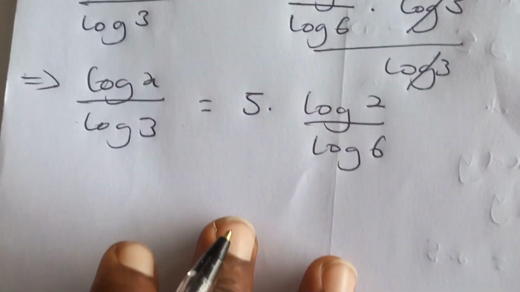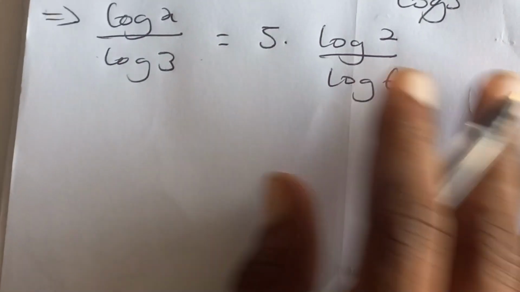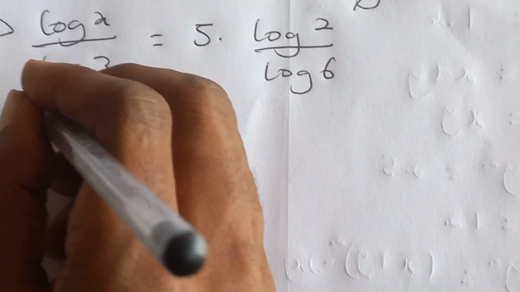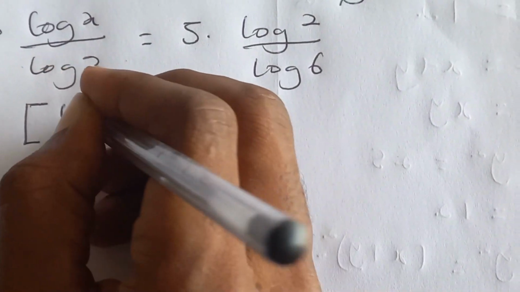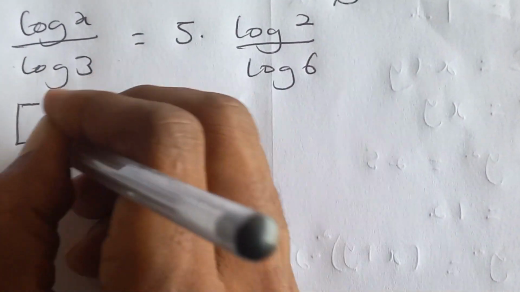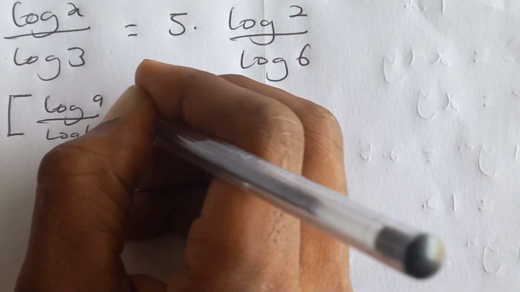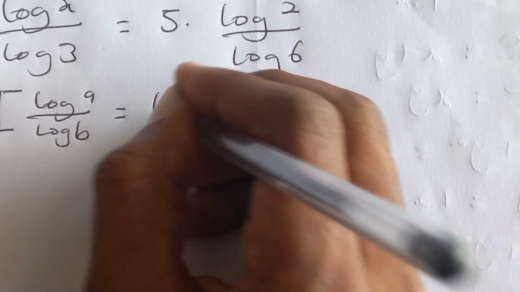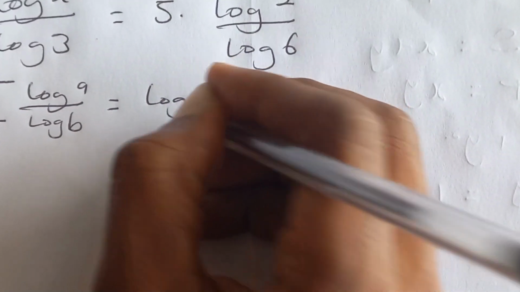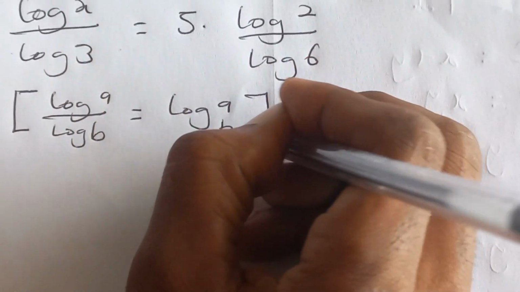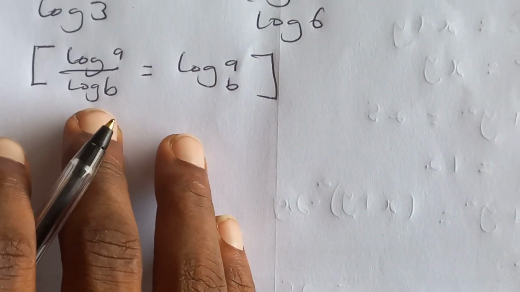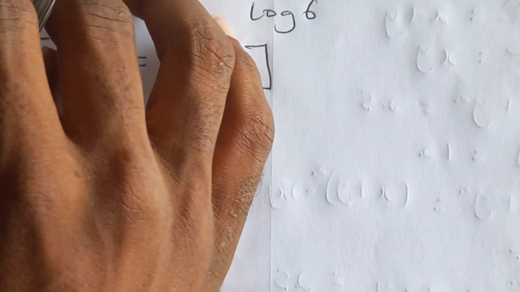Okay. And also in logarithm, we have this rule. It says that log a on log b is the same as log a base b. So we are going to use this expression to simplify this and this.